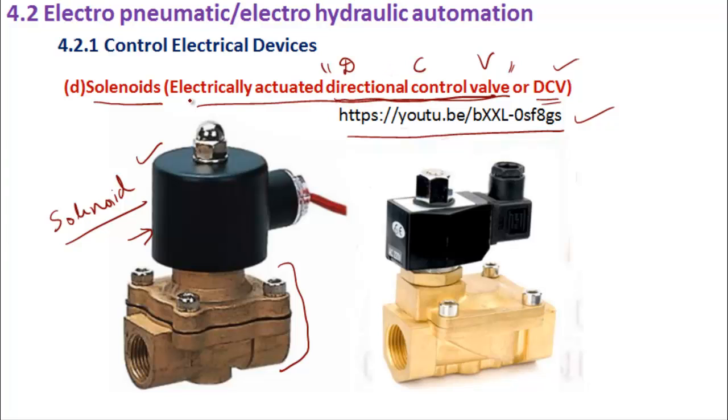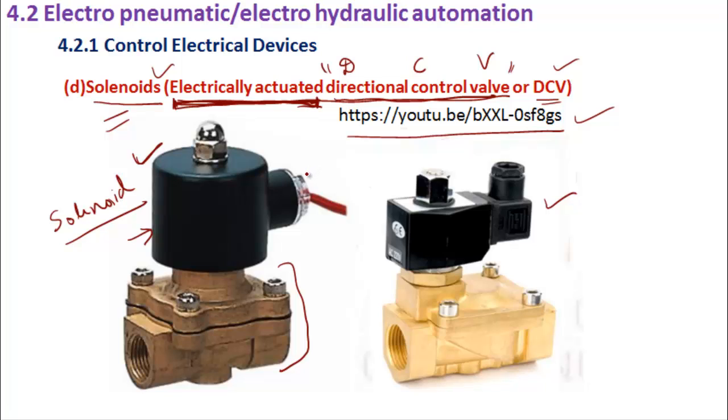So when we are saying electrically actuated directional control valve, this electrical actuation is basically happening because of this solenoid. So it is actually an electrically actuated DCV, which is also called a solenoid, but originally the solenoid is only this particular portion. Similarly here also, only this portion.